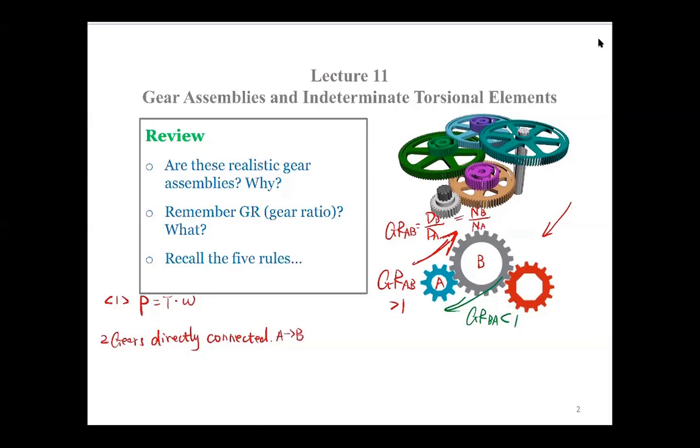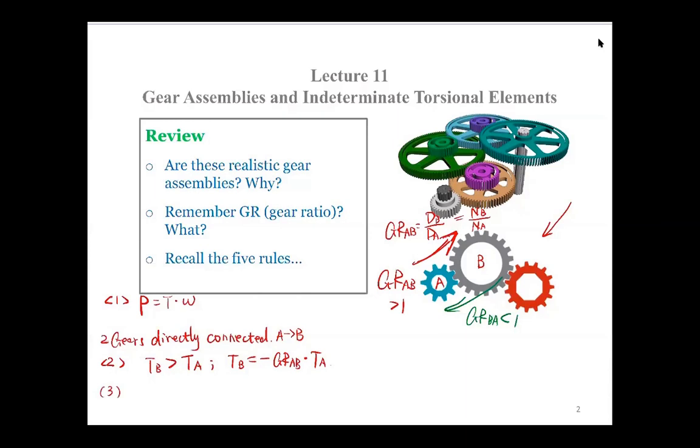Here rule number 2 says that if you have a larger gear, the torque will be larger. Meaning that TB is larger than TA, or TB equals negative gear ratio AB times TA. This is our rule number 2.